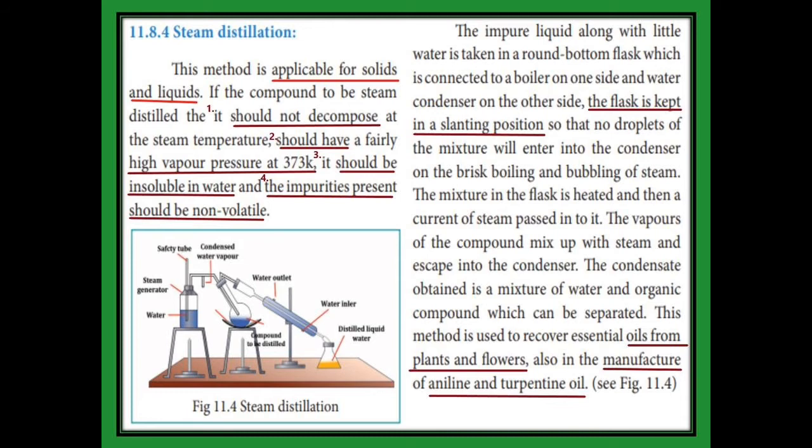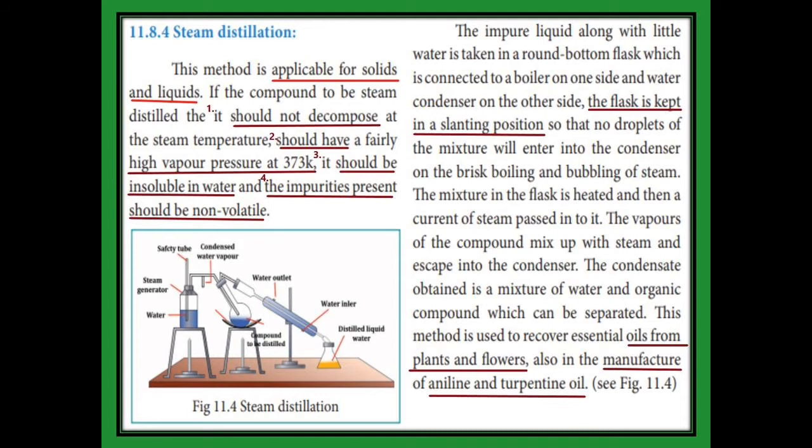The distillation flask is in a slanting position so that no droplets of the mixture enter the condenser. When the steam is passed through the distillation flask, with brisk boiling and bubbling, bubbles are produced. Those bubbles should not enter the condenser, so the distillation flask is maintained in the slanting position.